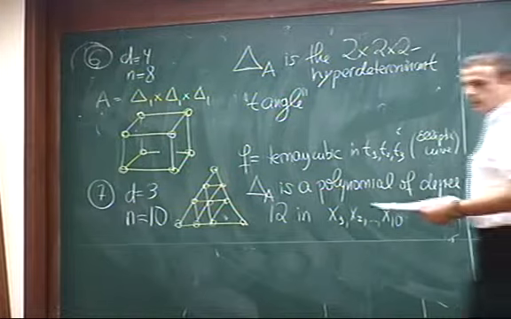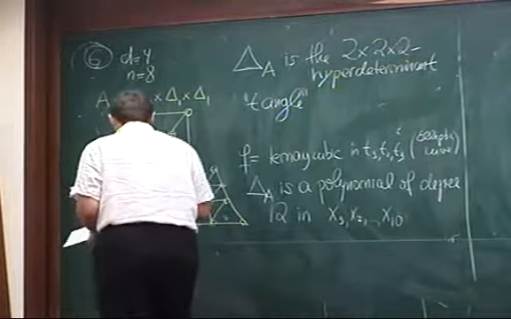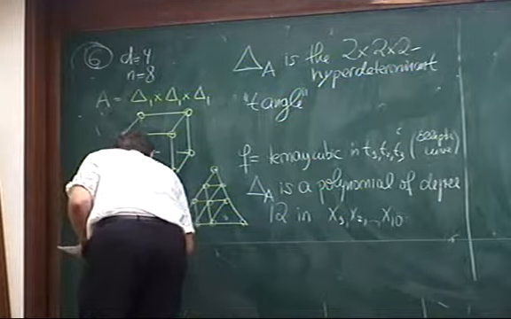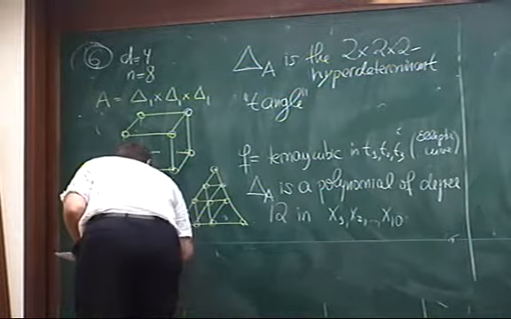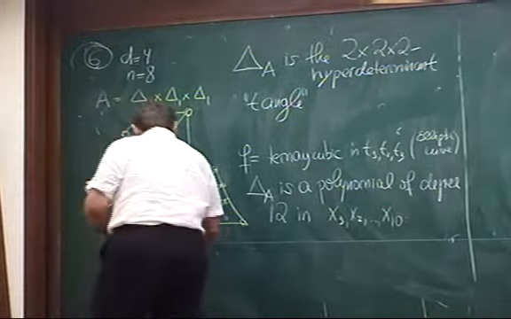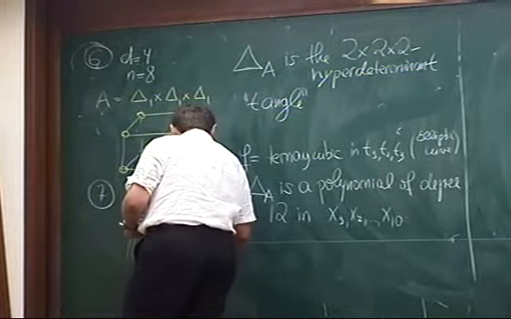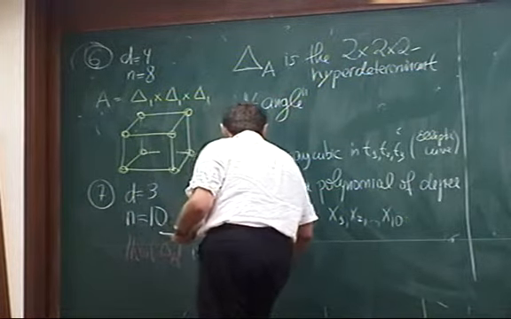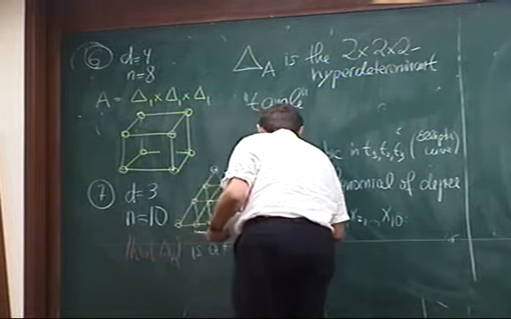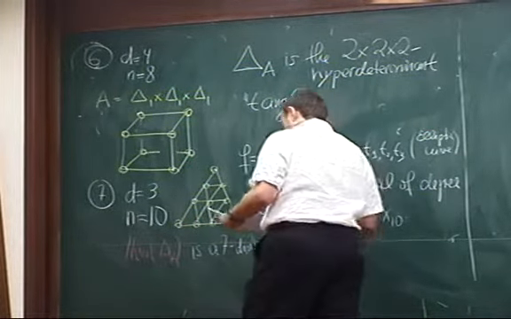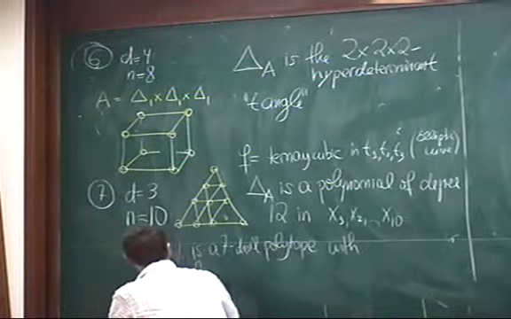The Newton polytope of this discriminant is a 7-dimensional polytope. Let me give you the f-vector. It's kind of interesting.